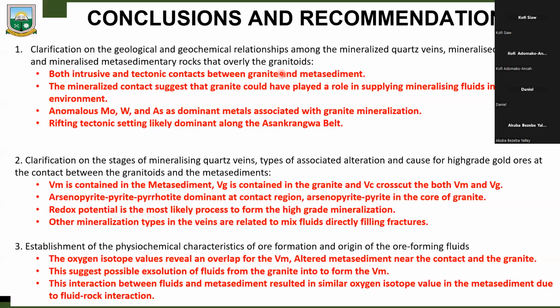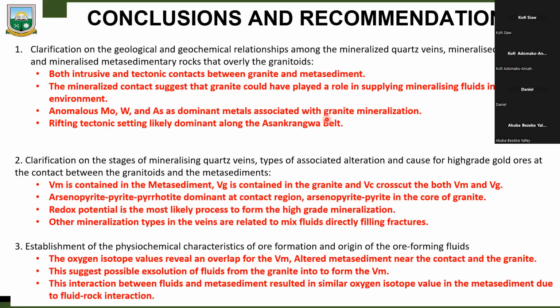Then the next one is that the contact is highly mineralized, and that is likely to have been produced by the granite getting into that system. Then the anomalous Mo is a feature that is commonly associated with granite mineralization systems, as well as in some cases with metamorphic or orogenic systems, except that for the granite system, Mo is anomalously high.